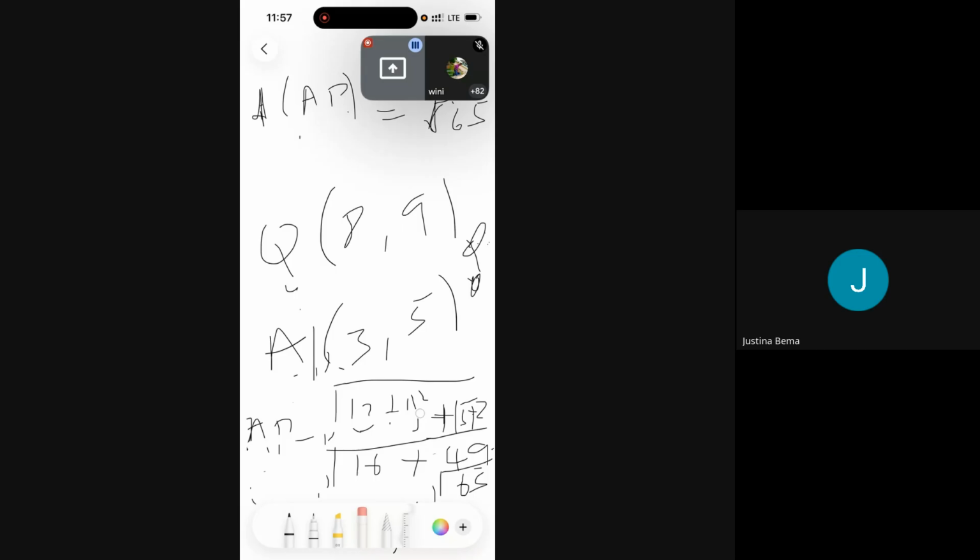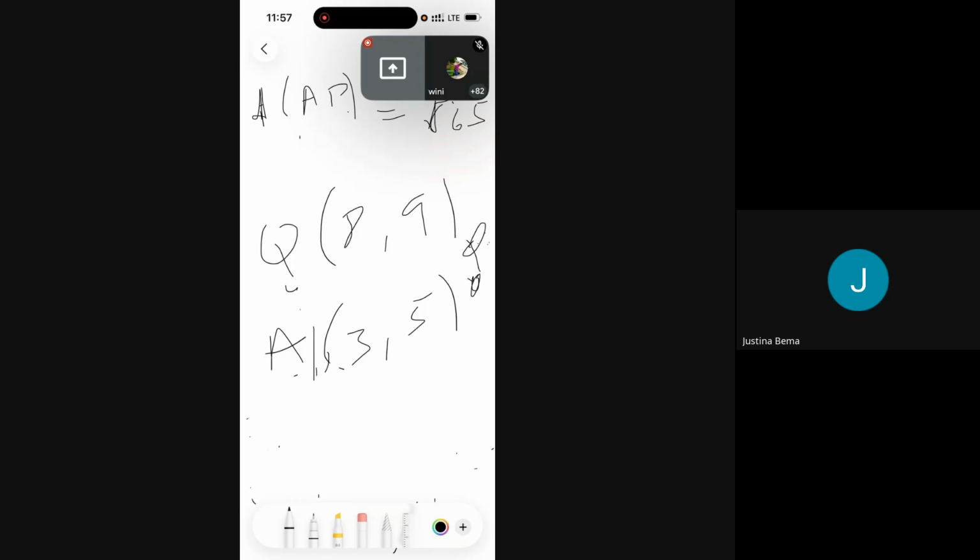Now let's find the distance between A and Q. So that is the square root of, I can write any of them to be first, so I have 8.